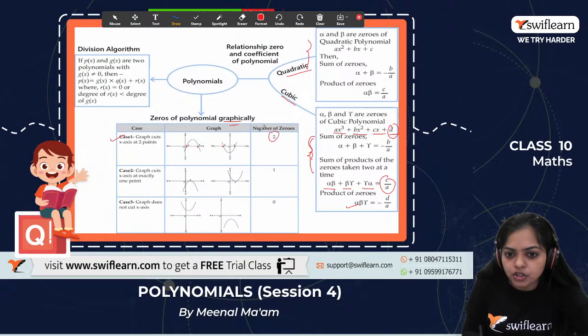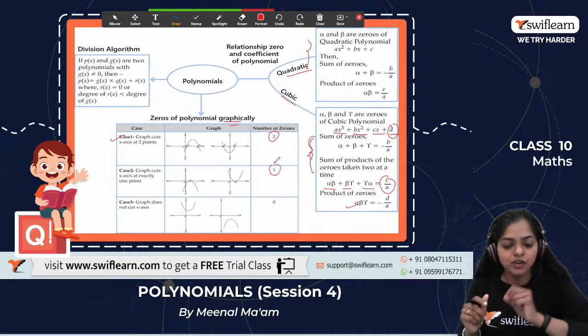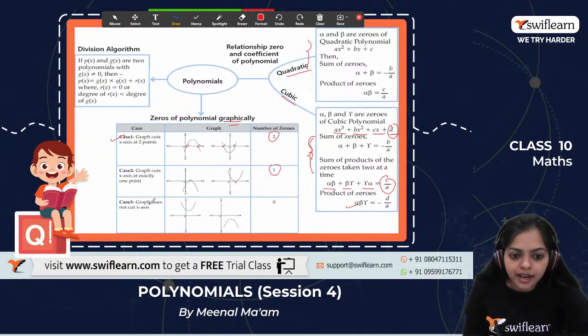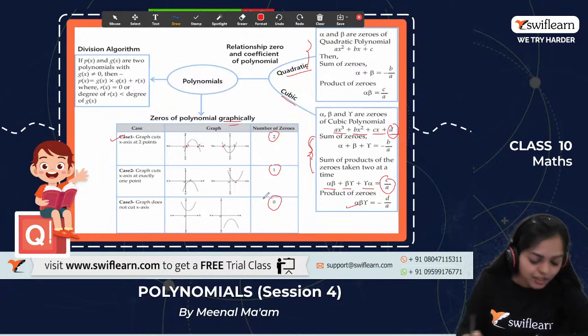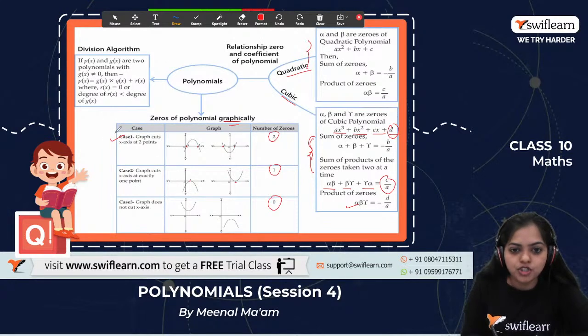So the number of zeros will be equal to 2. Got it? Now the second case is the graph cutting the x-axis at exactly 1 point. So the number of zeros will be 1 only. And at last, the graph does not cut the x-axis. Then the number of zeros will be 0. Got it? Okay everyone, so this is all about the last sessions.